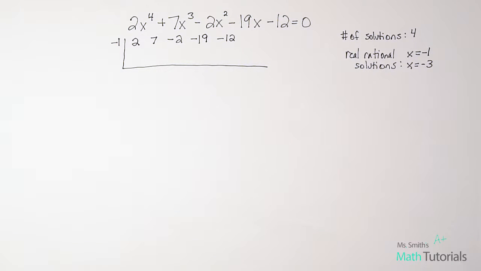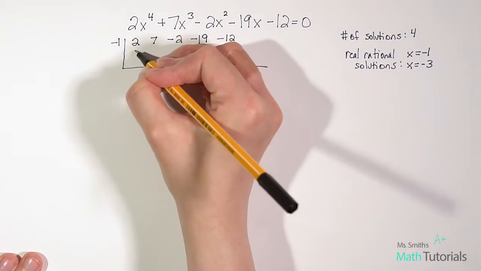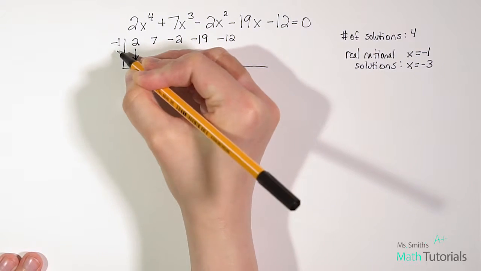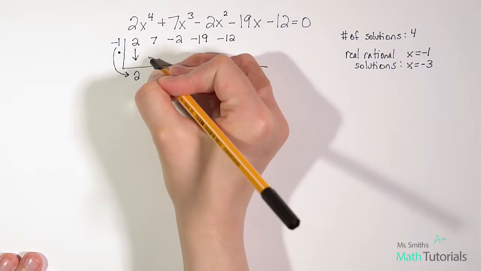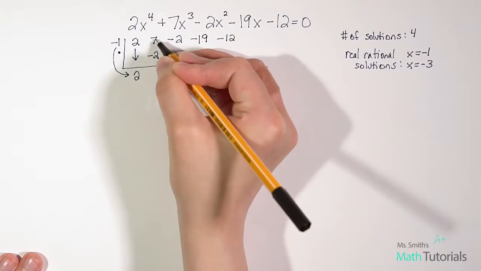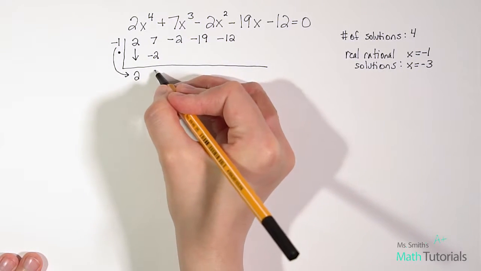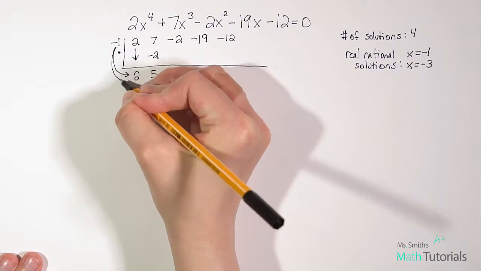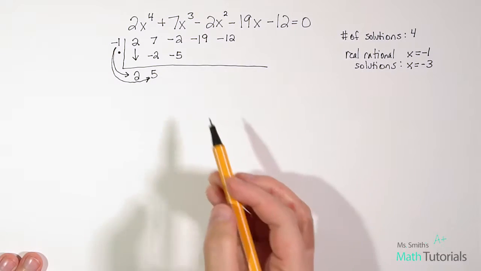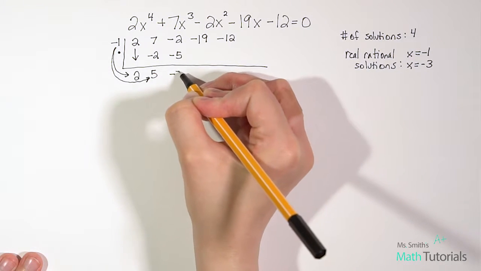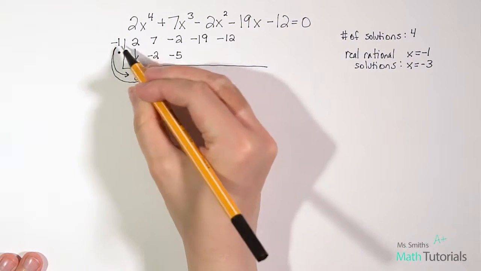We'll go ahead and move through the synthetic division process. We bring this 2 down, and we'll start our multiplication chain. So negative 1 times 2 is negative 2. 7 minus 2 is 5. Negative 1 times 5 is negative 5. Negative 2 minus 5 is negative 7.